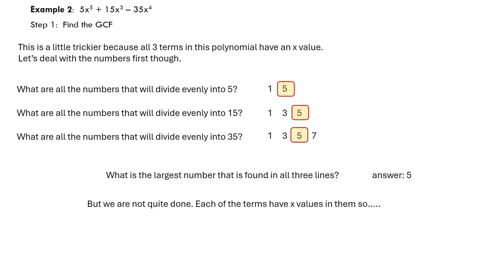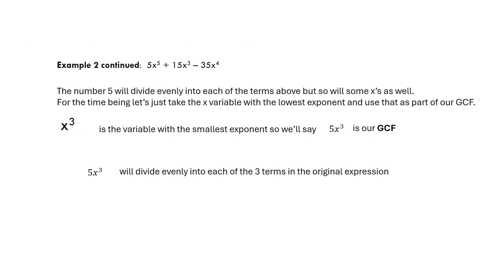Now, in these terms, they all have x values. So just saying 5 is our greatest common factor would not be accurate. We have to look at all these x values that we have and understand that x to some exponent will divide into these evenly.